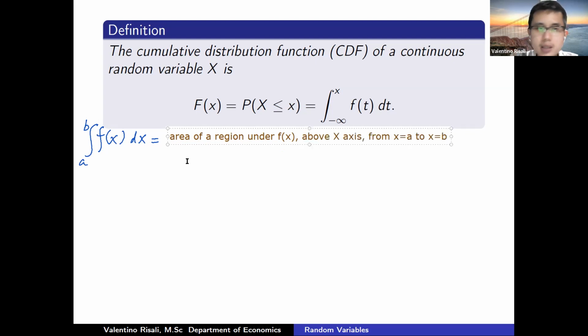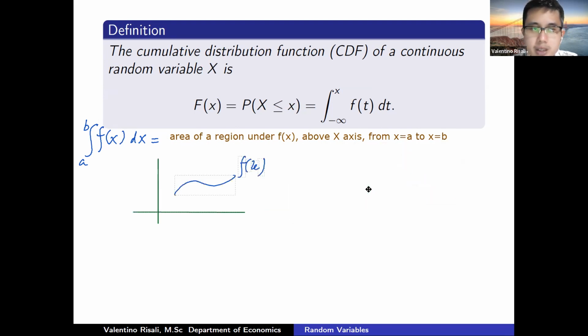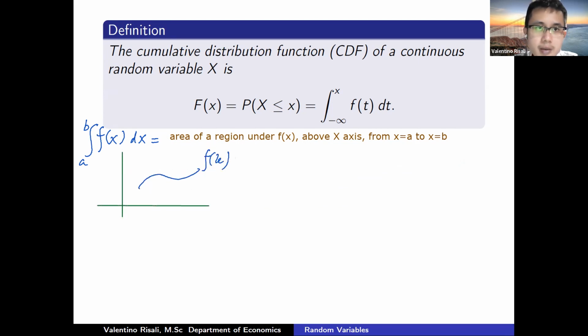So in our graphic, if we have f(x), the integral measures the area of a region under f above the x-axis from x equal to a to x equal to b.